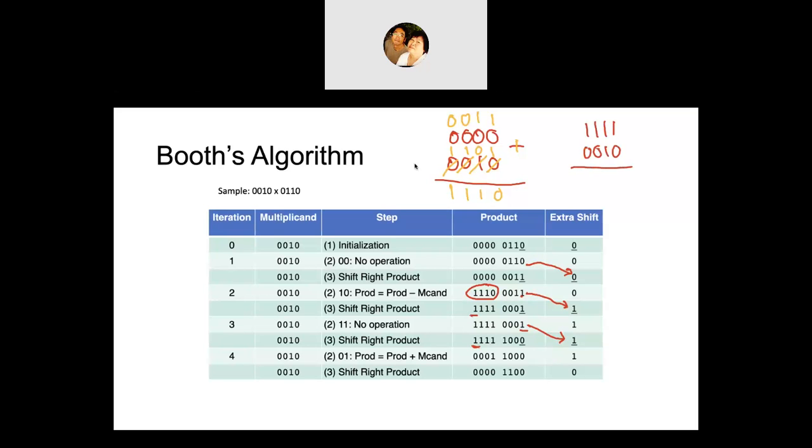We add them together. The carry is 0 when we add. This one we get 1, 0, and then we have 0, 1, 0, 1, 0, 1. That is why we get this, and then we got that one.